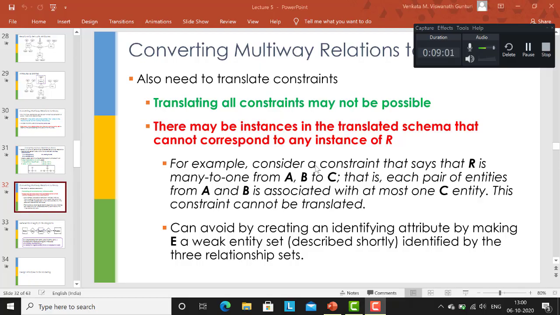And we have a constraint which says that if you give me a unique pair AB, I can determine the entity in the entity set C. So in other words, I have a multi-way relation from the pair AB to C, very similar to the ones which you have seen before.